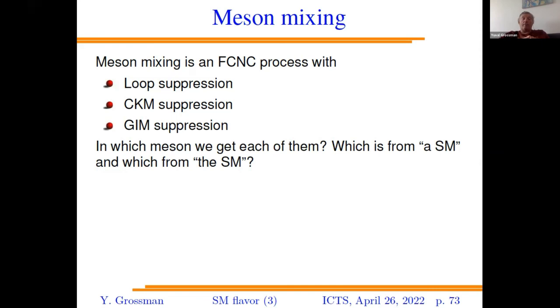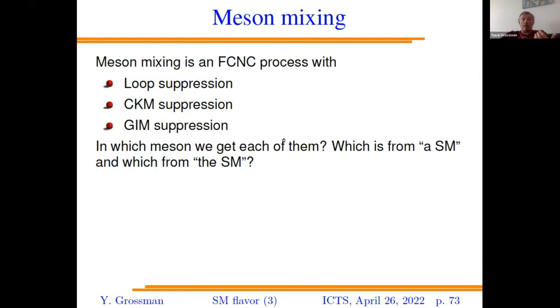The first question is, what do we get in each meson? Do we get loop suppression? Where do we get CKM suppression? Where do we get GIM suppression?